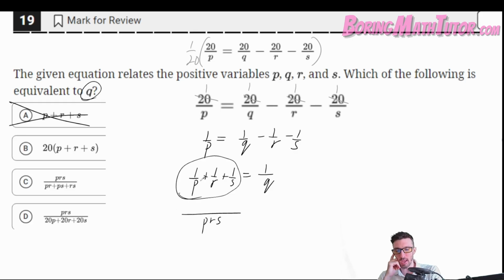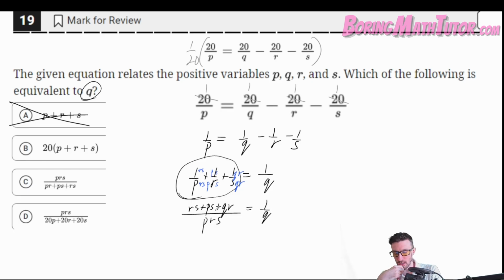And in order to get that accomplished, this one needs to get multiplied by RS. This one needs to get multiplied by P and S. And this one needs to get multiplied by Q and R. So then I am left with RS plus PS plus QR equals 1 over Q.